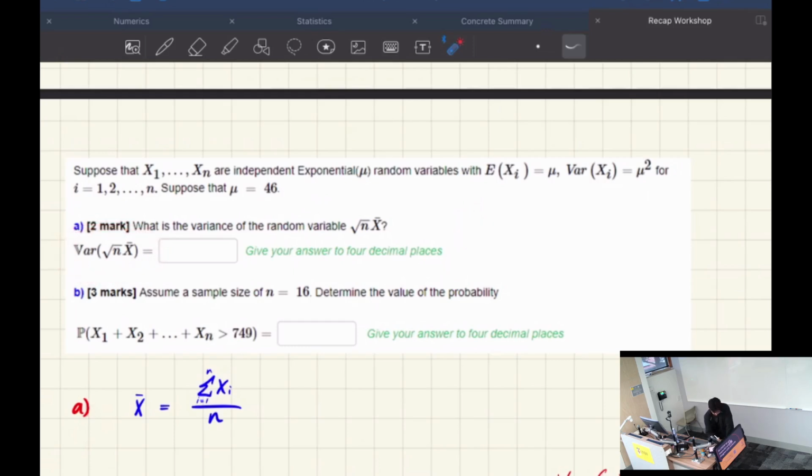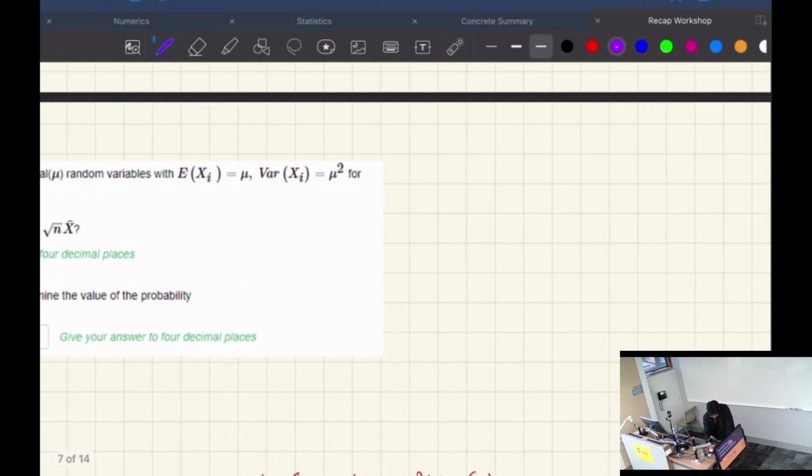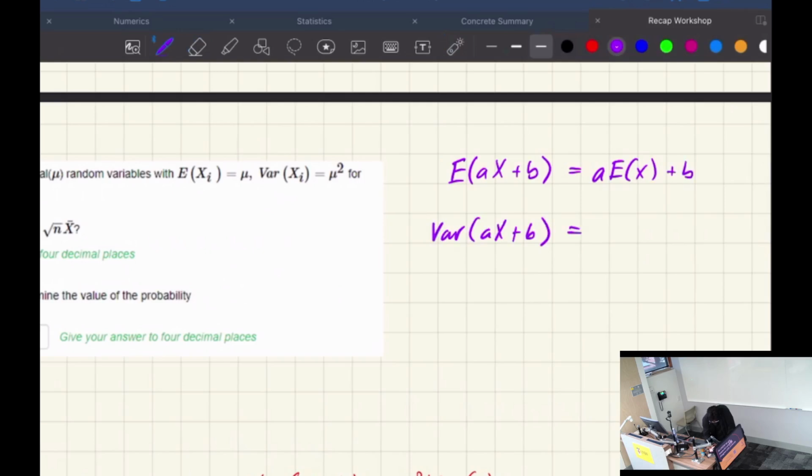Also, before I move on, a few key formulas that we're going to need. You might have recognized this from high school or 1A/1B.